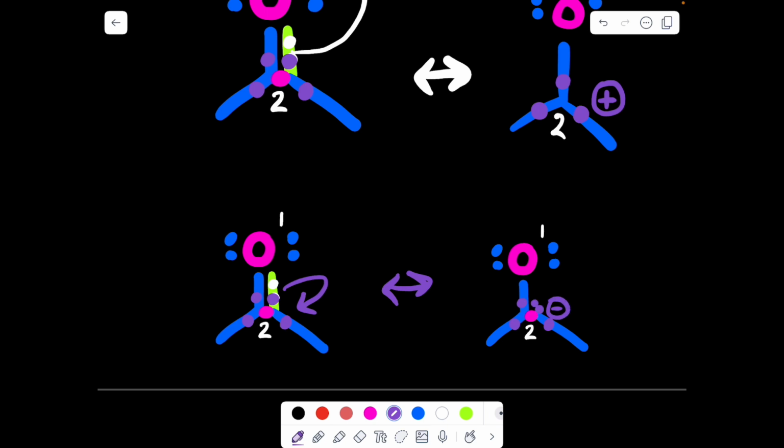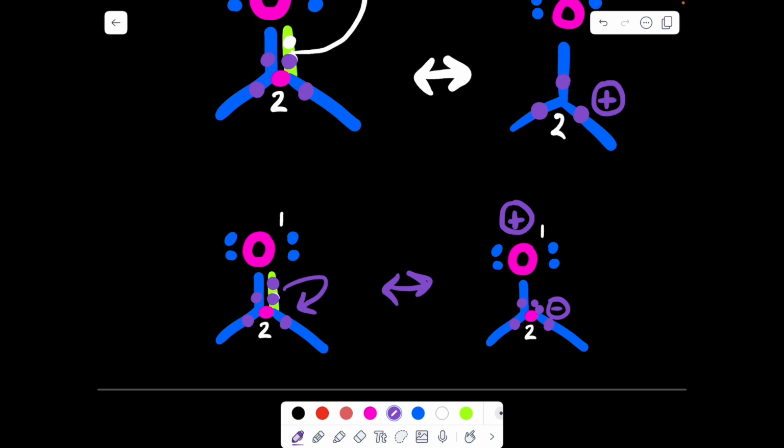And then the oxygen would become cationic. And we say, okay, well, if we have the choice between putting a negative charge on an oxygen or a carbon, we're always going to choose the more electronegative atom because that atom actually likes having electrons, whereas a carbon atom is electropositive, meaning it doesn't actually want to have electrons.